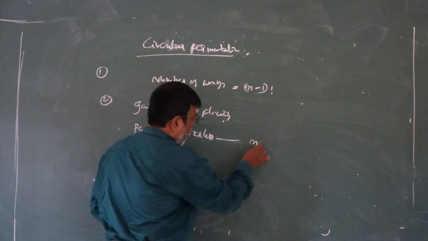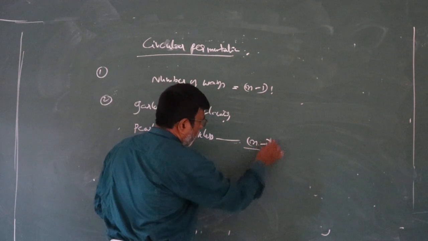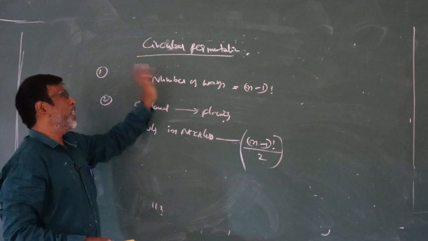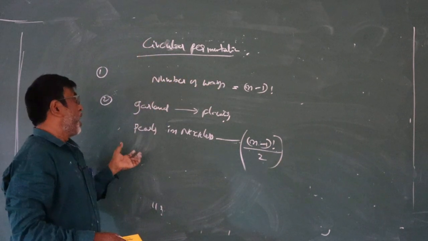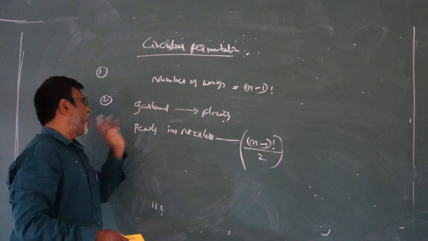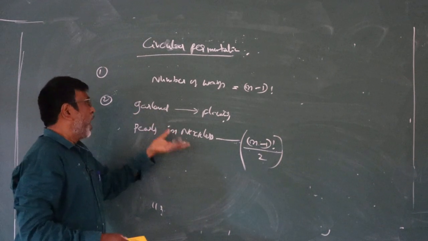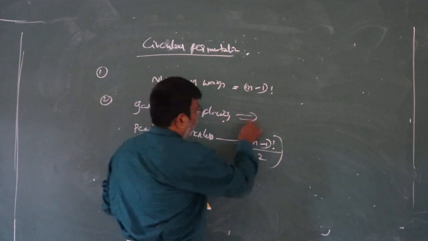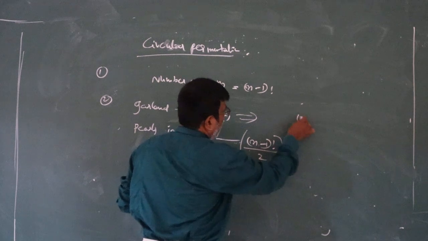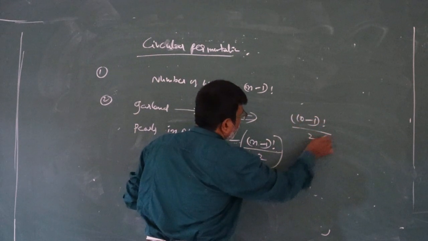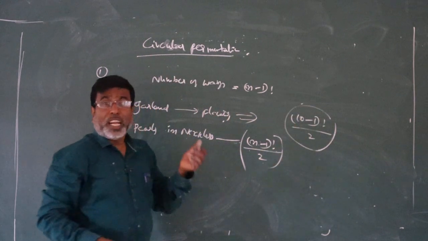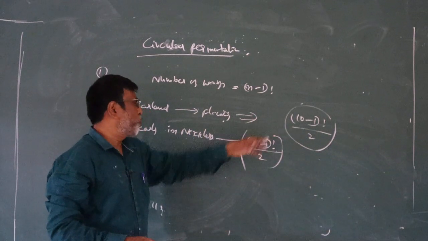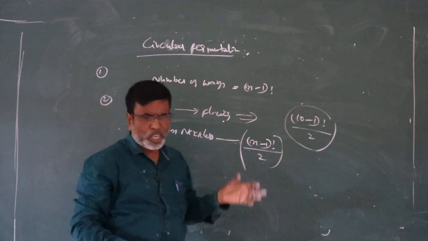In this case, arrangements are taken as n minus 1 factorial by 2. Especially for flowers in a garland or pearls in a necklace, if 10 flowers are arranged in a garland, it is 10 minus 1 factorial by 2. We divide by 2 because anti-clockwise and clockwise directions are both considered the same. That's why it is n minus 1 factorial by 2.